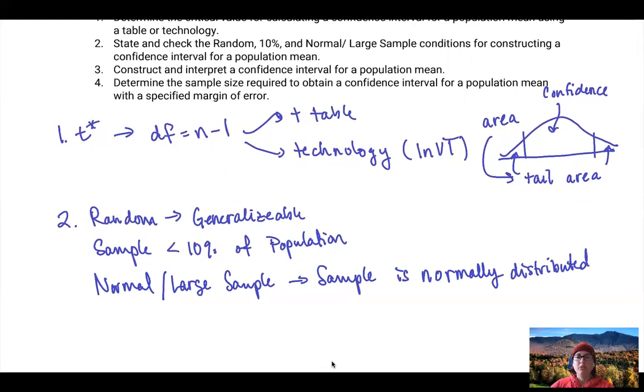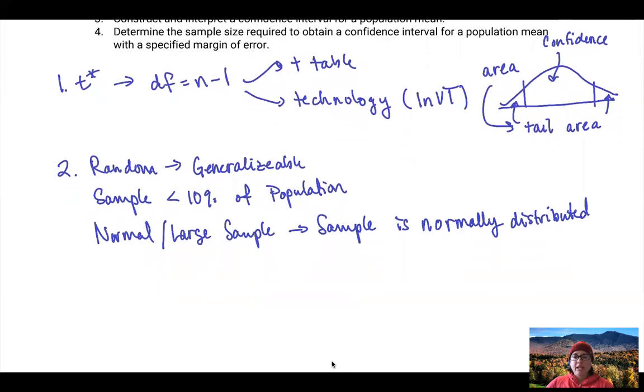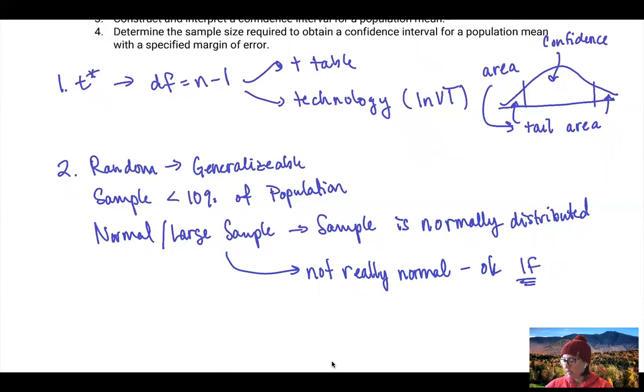When you have the data, you must make a histogram or a dot plot or something. You can have your calculator do it. And if this comes up on the AP exam, you have to show a picture of it. So if your sample is not really normally distributed, it's okay if it's somewhat skewed if the sample is large.